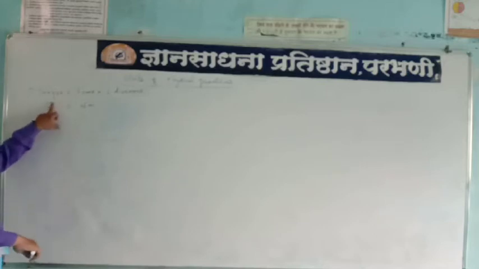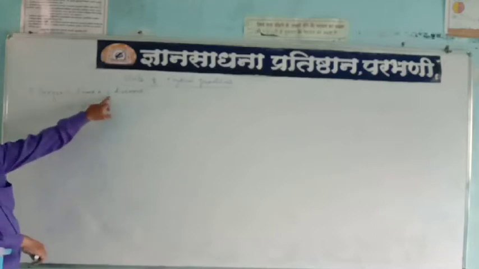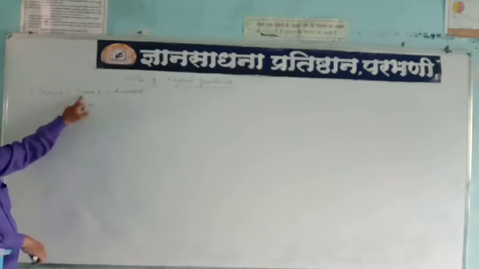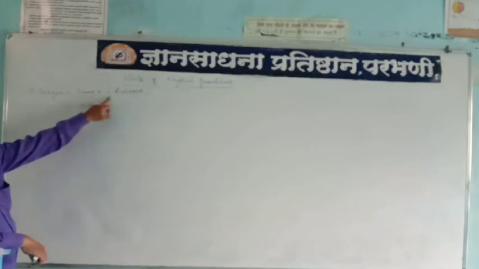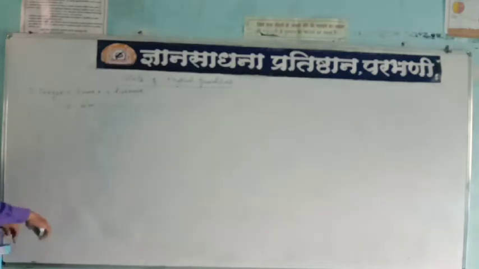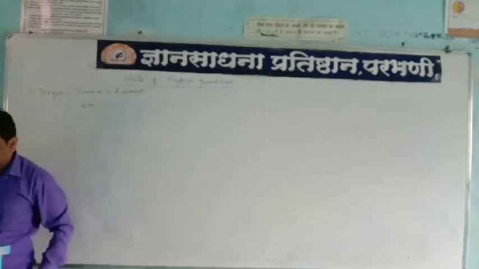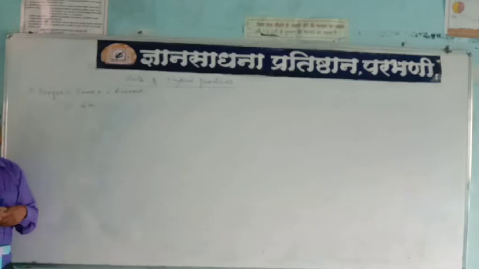So torque is equal to force multiplied by perpendicular distance. Force is measured in Newton, perpendicular distance in meter. So this is torque. The next physical quantity is stress.